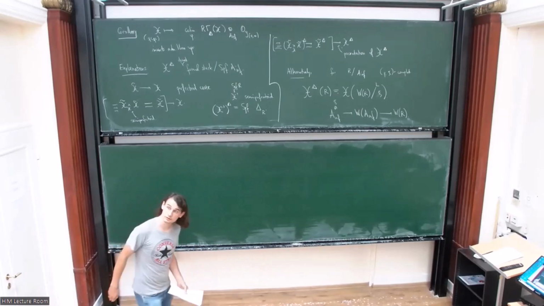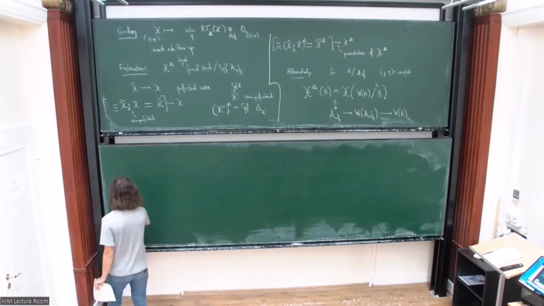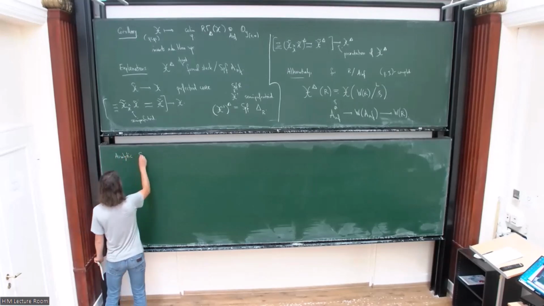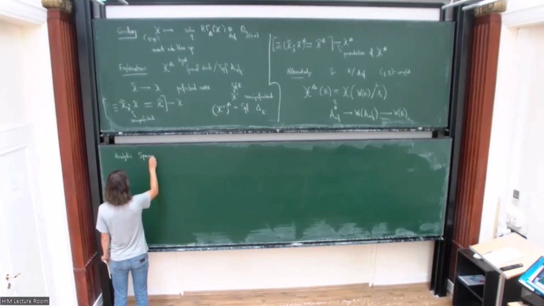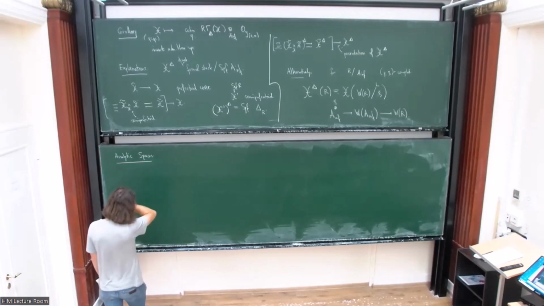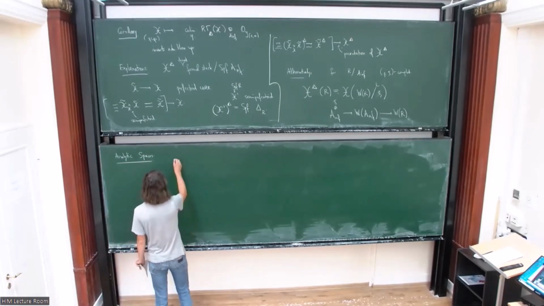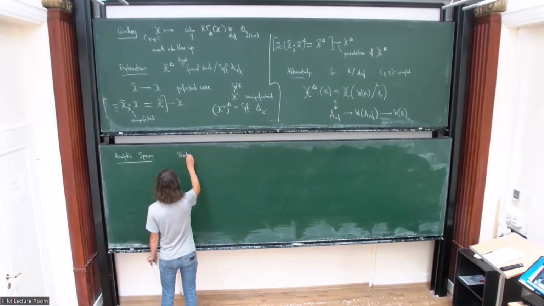All right, so let me say just a few words about these analytic spaces that we're using. So we start with the category of analytic rings.